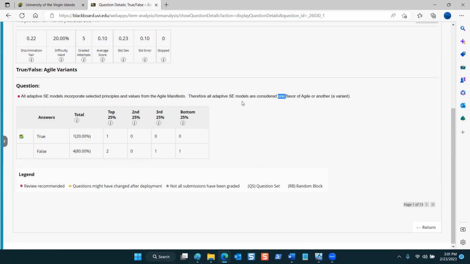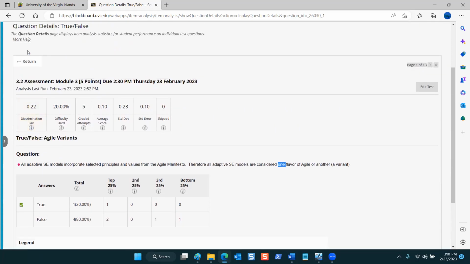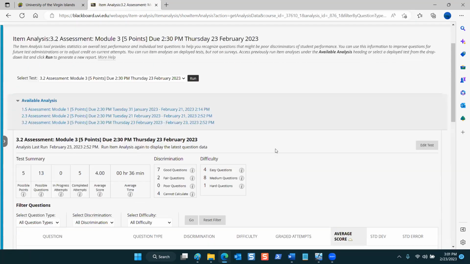In the final version of the assessment, we'll make sure that's clear. Just remind me as soon as we finish, I'll grab this item and change the score, and it'll automatically refactor everybody's score. If you answered false for this question, you do not have to reconcile it, okay? Okay, thank you. You're welcome.